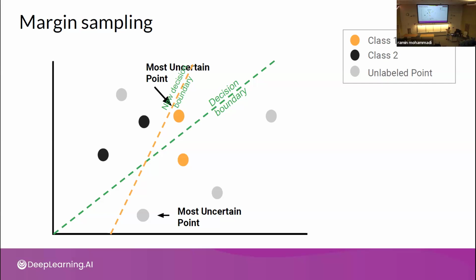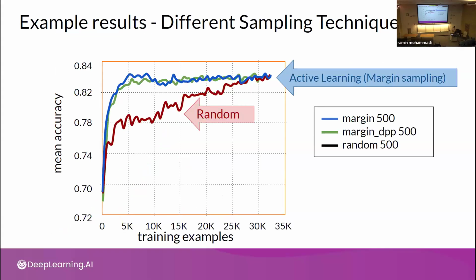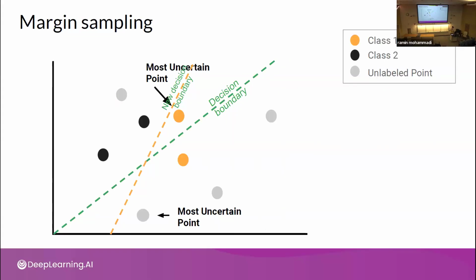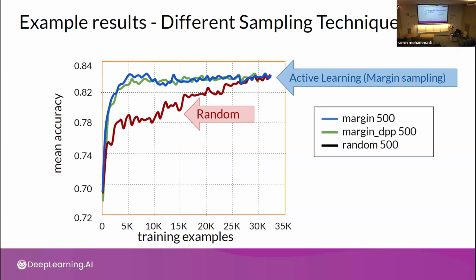It's the idea that if the point was on the left side of the line, you basically tilt the line, bring it to the right side of the line, and see what happens. And now next time, another point becomes the most uncertain point that you have. So that's one idea. This is also related to margin sampling: this is a result from the paper on margin sampling.